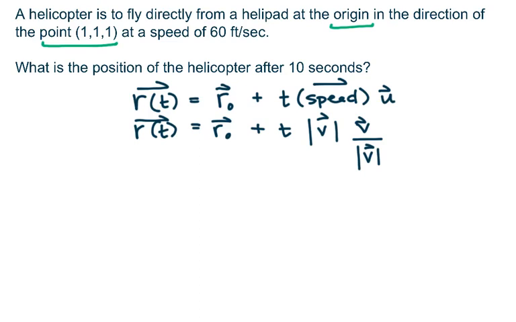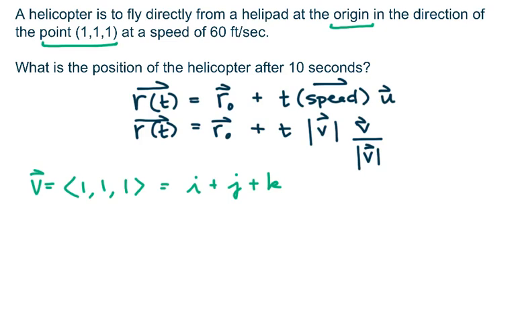So we need to know v. And it's helpful because we're starting at the origin and traveling to the point 1, 1, 1. So my v vector is 1, 1, 1, or rather i plus j plus k.